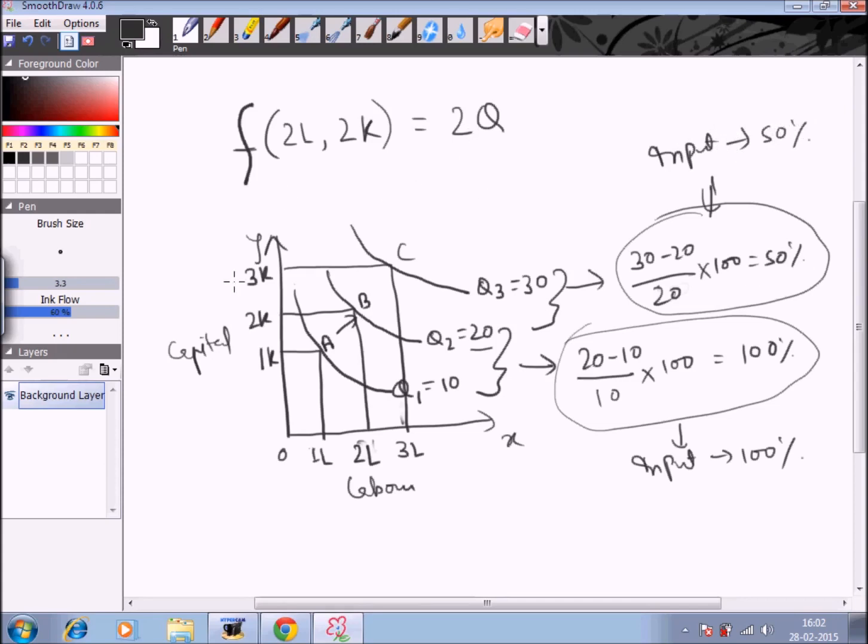So this particular situation depicts the law of constant returns to scale, that is, the output changes proportionately as compared to the change in input. By whatever amount I change the input, my output also changes in the same proportion.